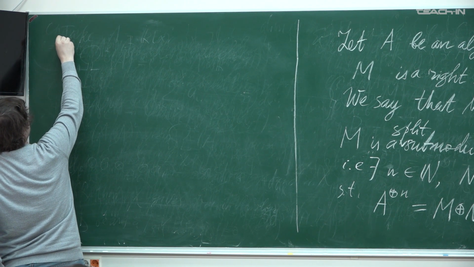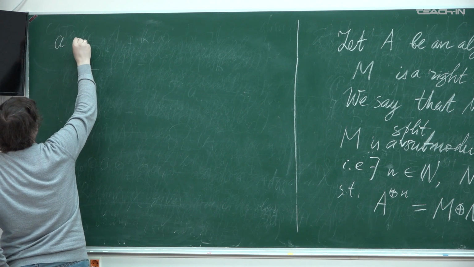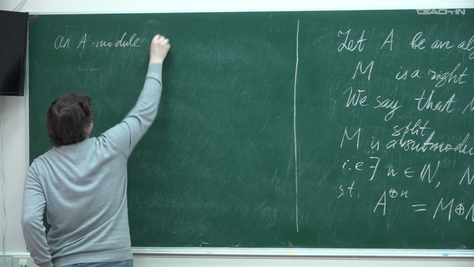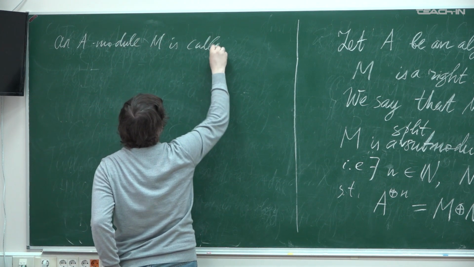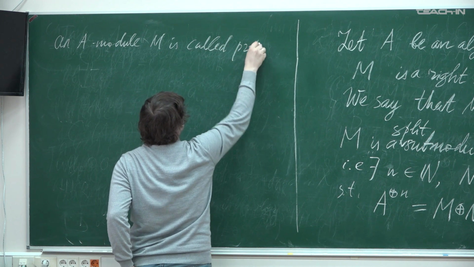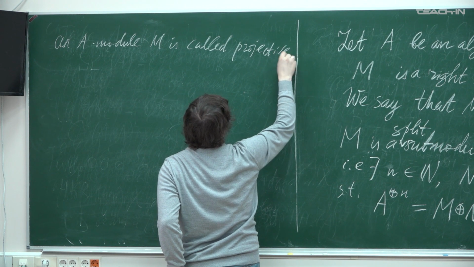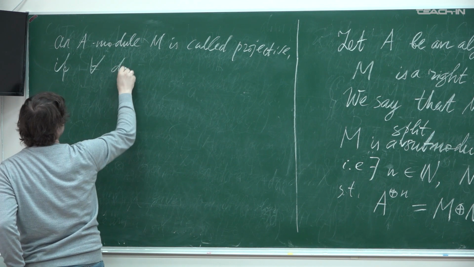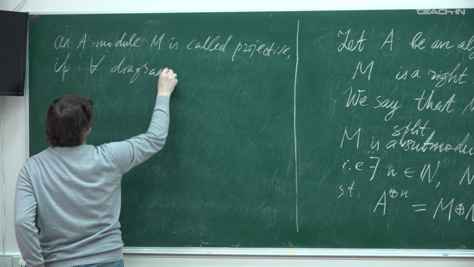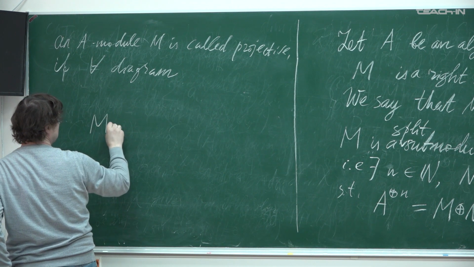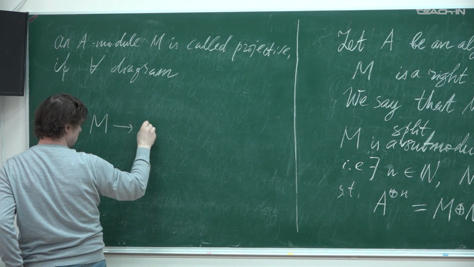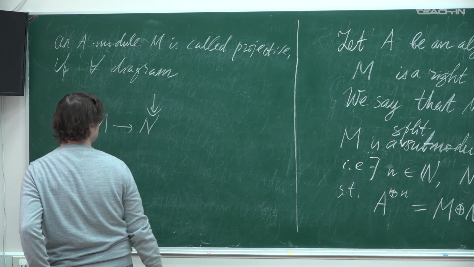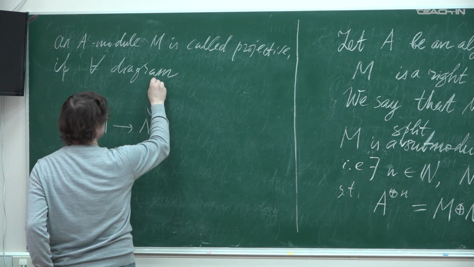So an A module M is called projective if for every diagram, M into N, here we have an epimorphic map P.